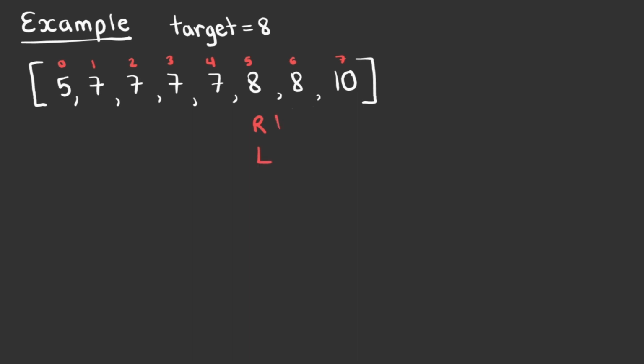But now the left pointer and the right pointer have crossed. So we can end our binary search, and look at that, we are at the first occurrence of 8 in the array. So we can store this value when we call binary search, and we can call it left. And left is going to have reference to this value here, or the index. So in this case, it's going to be 5.